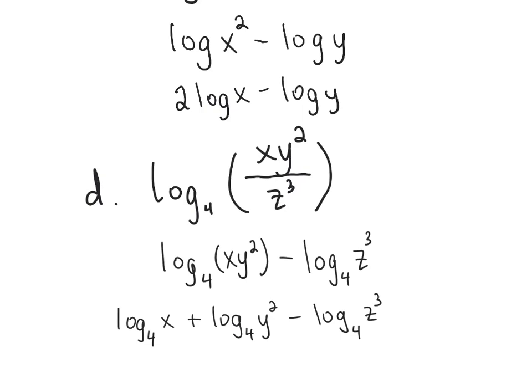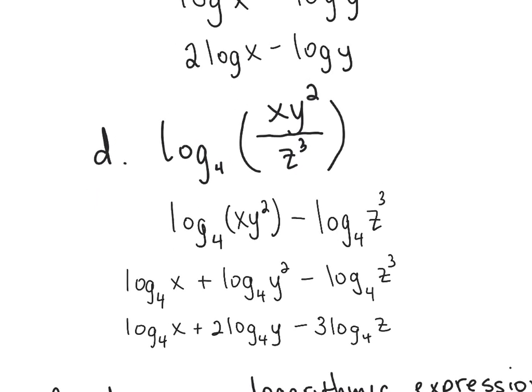And then finally we can apply the power property and move this exponent in front of that logarithm as a coefficient and move this exponent down in front of that logarithm as a coefficient. And that would be the final form of that.